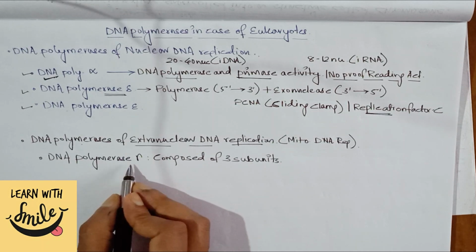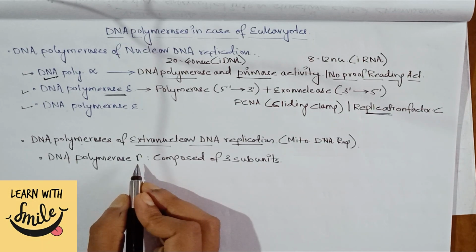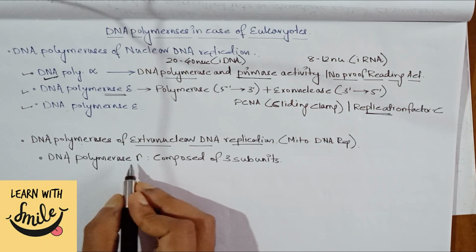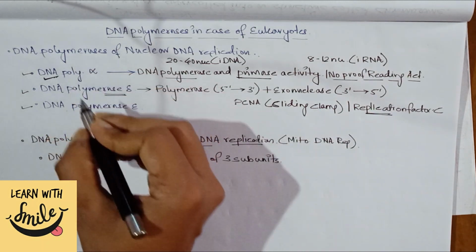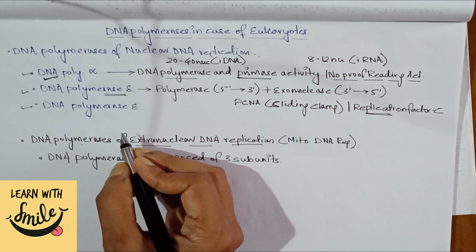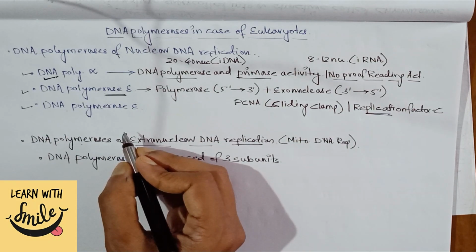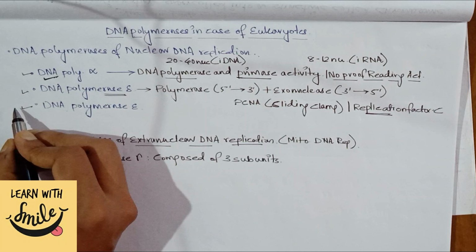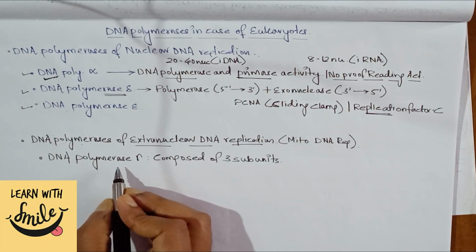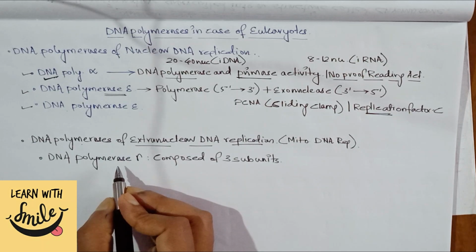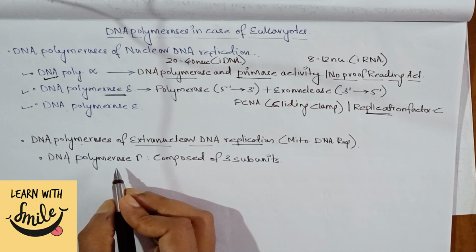Now, this DNA polymerase gamma is heterotrimeric in nature. So this is the difference between DNA polymerase gamma and the rest of the DNA polymerases present in eukaryotes. That is, the rest of the DNA polymerases are heterotetrameric in nature, but this DNA polymerase is heterotrimeric in nature.